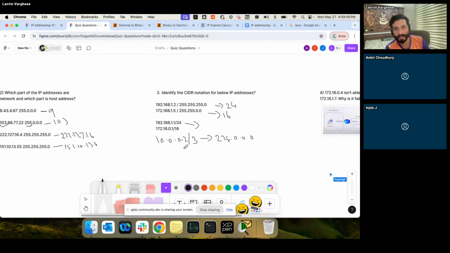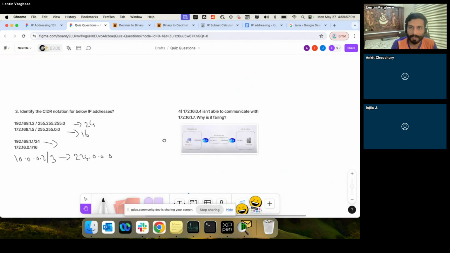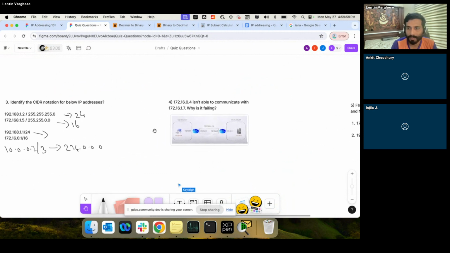That would be the subnet mask for the CIDR notation. All right, cool. Let's look at one more question. It's a bit tricky one, but I'm sure you will figure it out pretty soon.